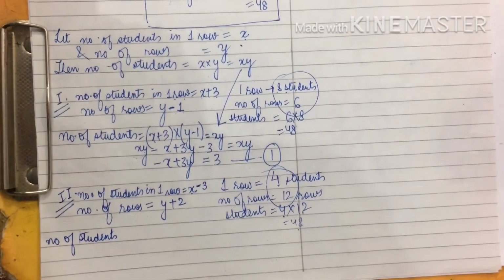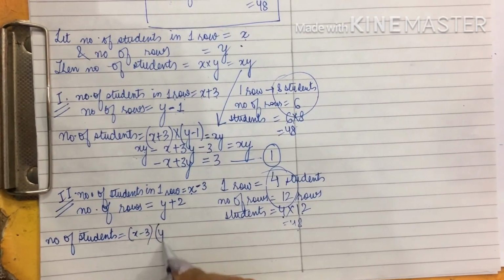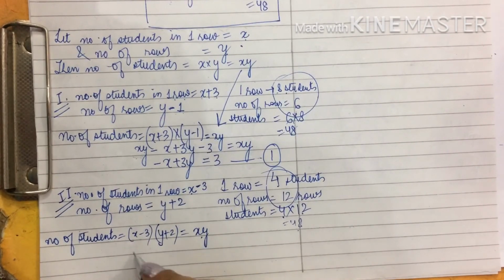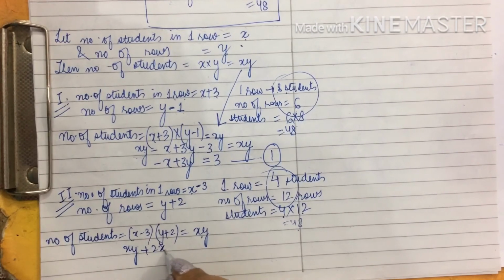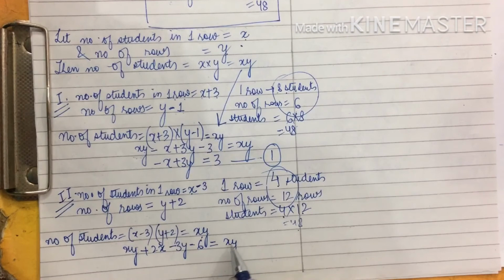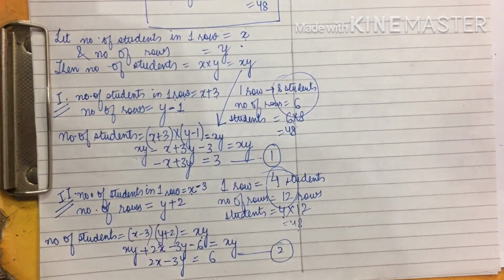So the number of students is given by the product of these two, x minus 3 into y plus 2. This is the same as the original number of students. Let's simplify: xy plus 2x minus 3y minus 6 equals xy. Again, the product xy will get cancelled. You will be left with 2x minus 3y equals 6. This is equation number 2.